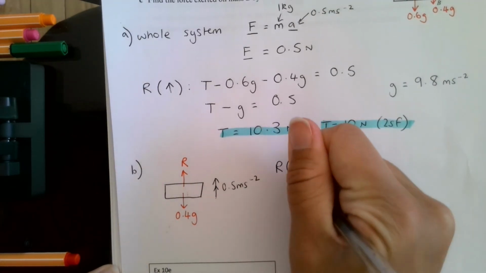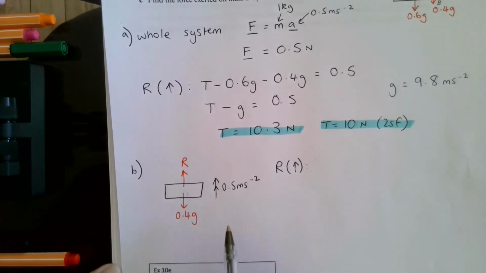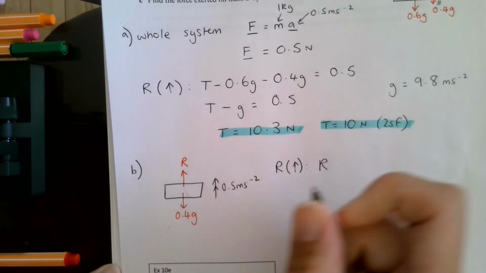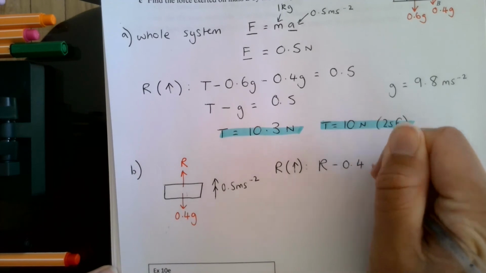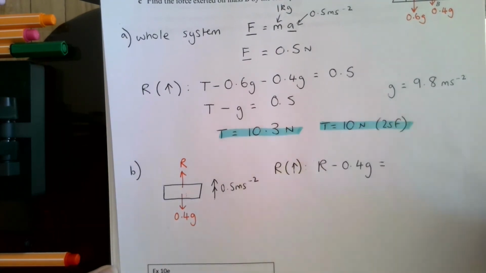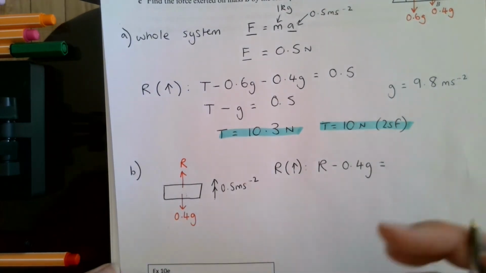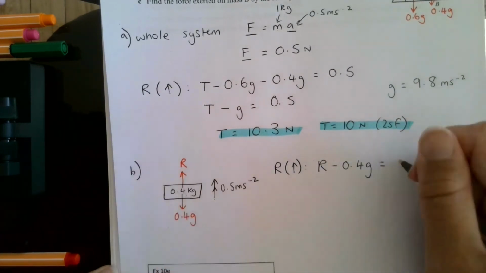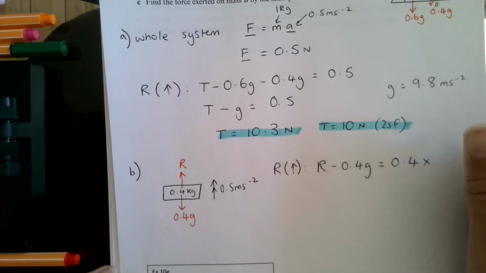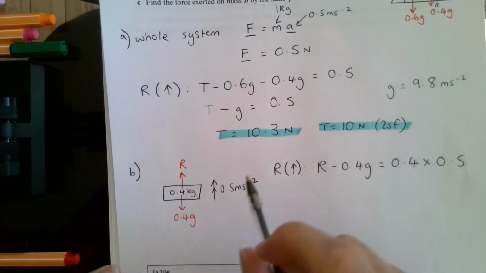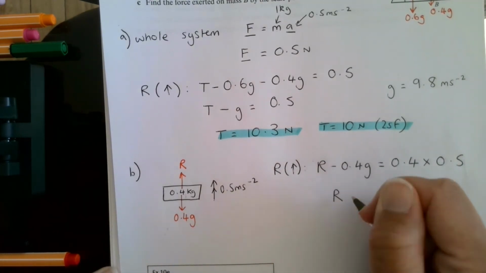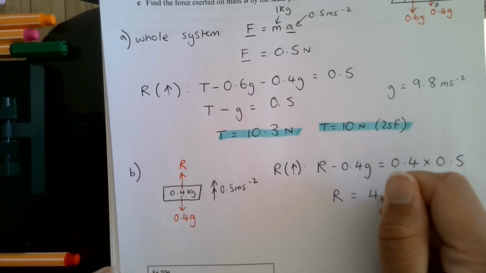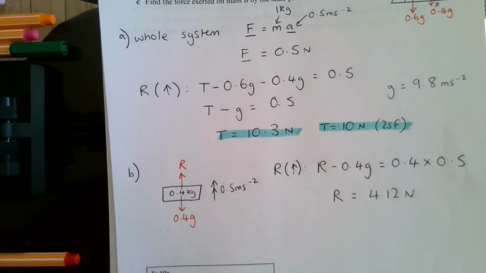So let's have a look. I'm resolving upwards. Upwards I've got R, so I need to take away 0.4 G, and I'll get my answer is equal to the mass times the acceleration. Well, the mass here is 0.4 kilograms, so 0.4 multiplied by 0.5, which is the acceleration. And so if I resolve all that, I get that R is equal to 4.12 newtons.